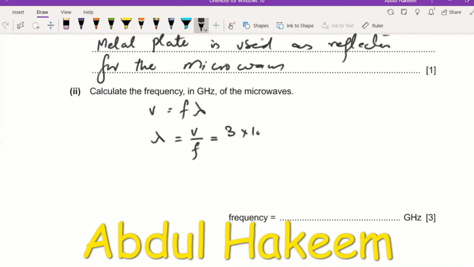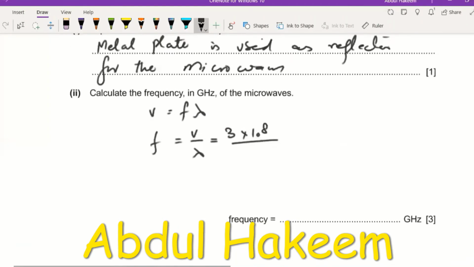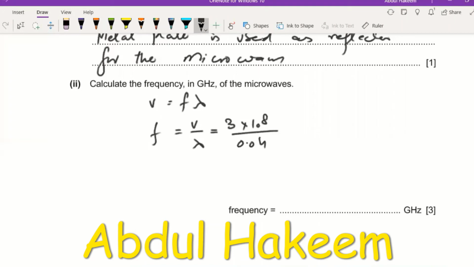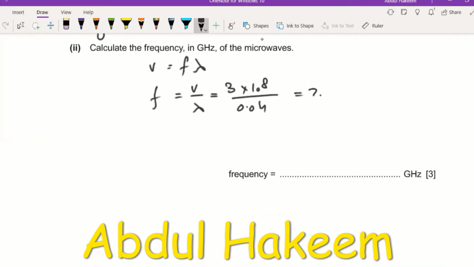So 3 into 10 power 8 divided by wavelength, and the wavelength is given 0.04, and the frequency will be 7.5 into 10 power 9. So this 10 power 9 is giga, already written here. So we will write just 7.5 because the giga is already written there.